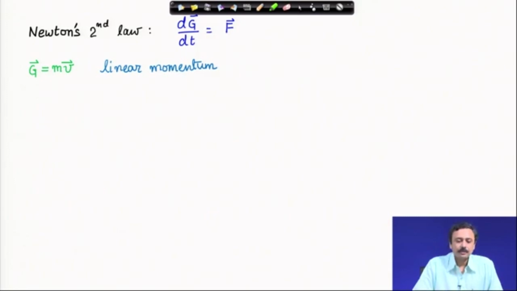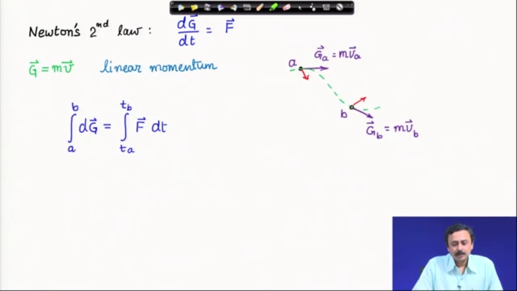Here I am using the notation capital G vector as the linear momentum vector. G is therefore equal to mass times the velocity vector. Therefore, the linear momentum vector is in the direction of the velocity vector, mass being a scalar quantity. Imagine a particle under the action of forces.